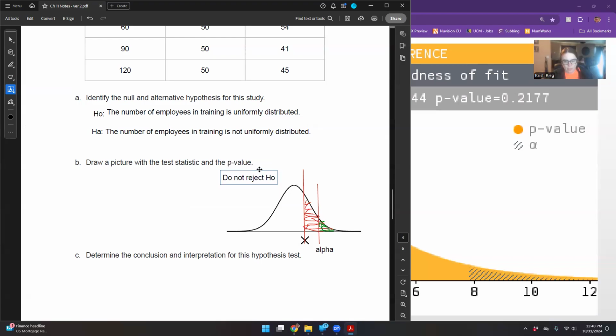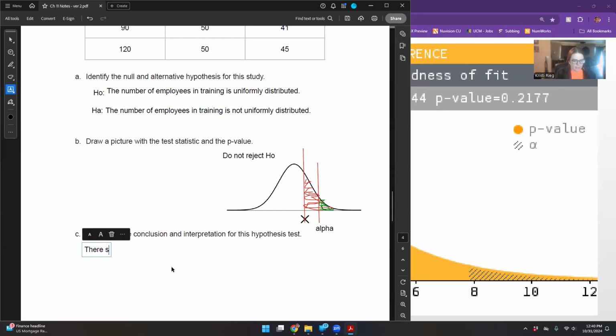Okay, so we have our conclusion. There is not sufficient evidence to support the claim. Okay, I can spell it. And then what is our claim? I just go up here.